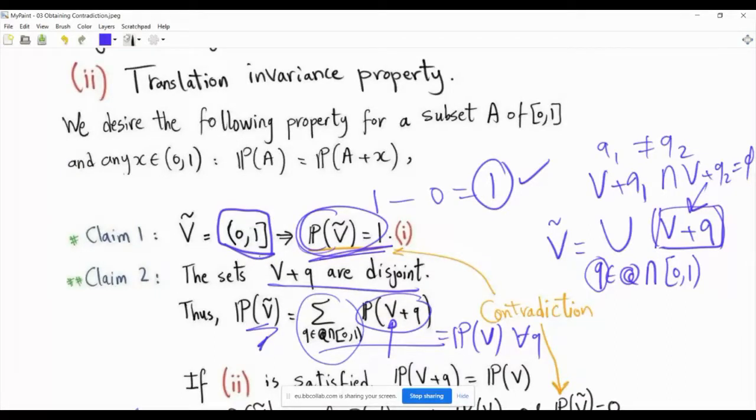So that's a problem. And hence the way out is to say that actually something like V should not be included in our collection of subsets. Okay, so we now need something that is strictly smaller than the power set of 0, 1, and use that thing as our sigma algebra.